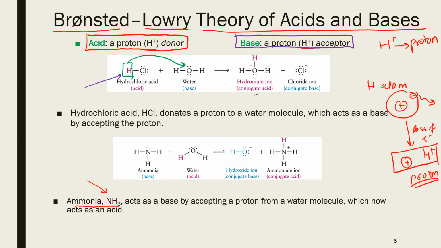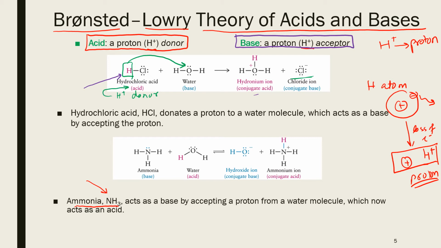So H positive is being donated to water. Therefore, hydrochloric acid is an H positive donor because it's donating it. And after donation, that's a leftover part, right? Because HCl is donating it, HCl is an acid.